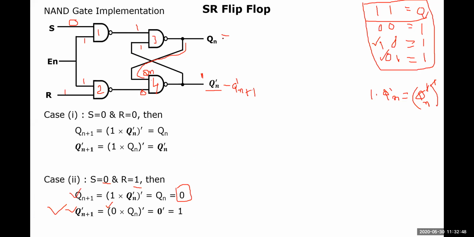So this value equal to 0 here. So like this, Qn will be 0, and Q complement value, the Qn plus 1 complement value, will be 1 here. So as and when R equals 1 and S equals 0, the system has been reset. So it goes into reset mode.